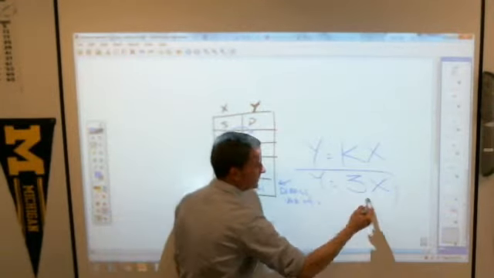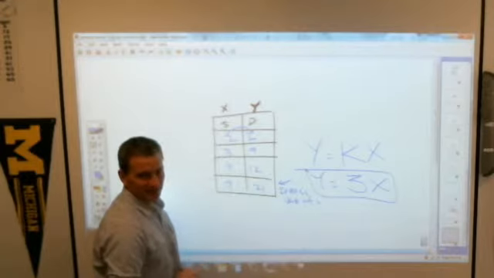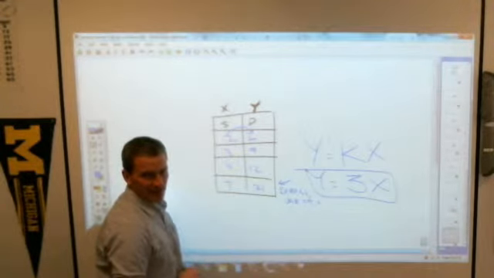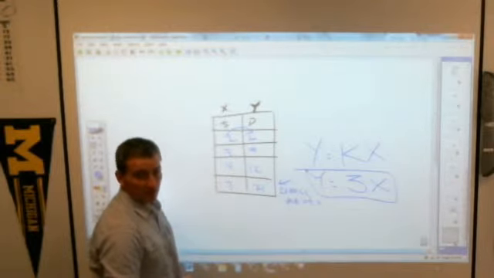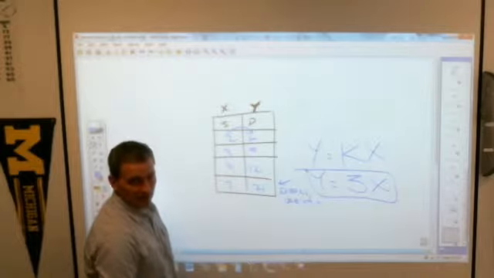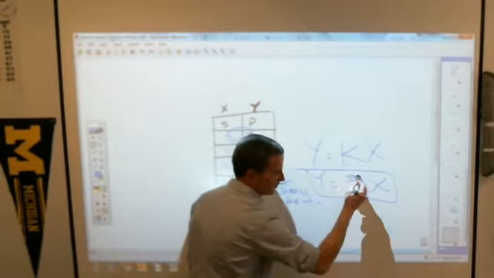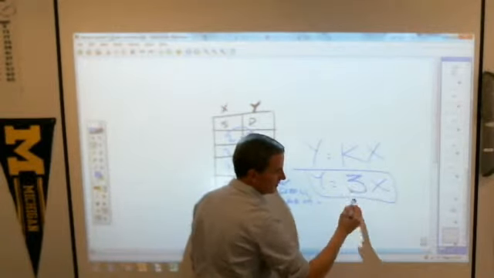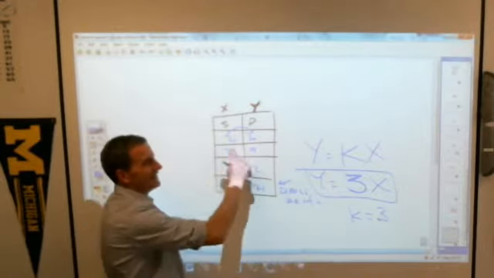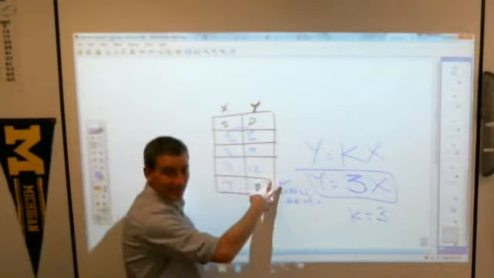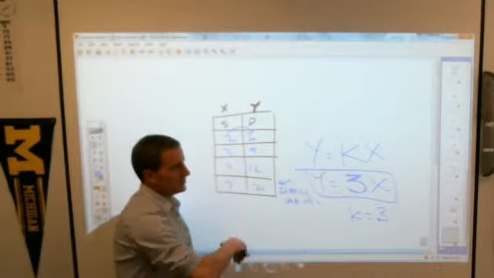What is my constant of proportionality? Just take a guess. It's a number between 2 and 4. 3. The number in front of the x, ladies and gentlemen, is the constant of proportionality. It is the thing that I keep multiplying everything by to get the other thing. I don't overthink this, it's not that hard.